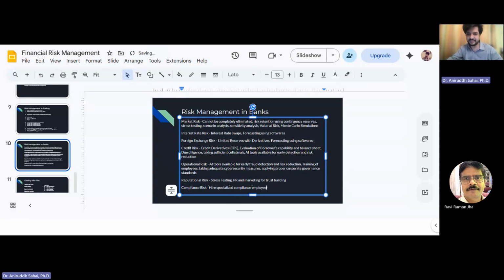So compliance experts can be used, who are keeping track. They can build a team to take care of all the compliance requirements.